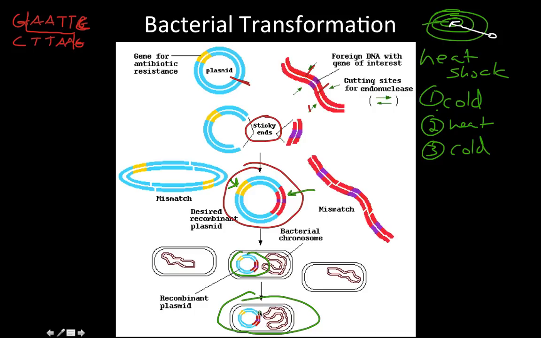Now, one last thing here, and that is, remember, when we talked about this heat shock process, we said hopefully a hole develops for this plasmid to go in. So when we're growing these bacteria cells that hopefully have the plasmid, not all of the bacteria cells are going to have the plasmid.